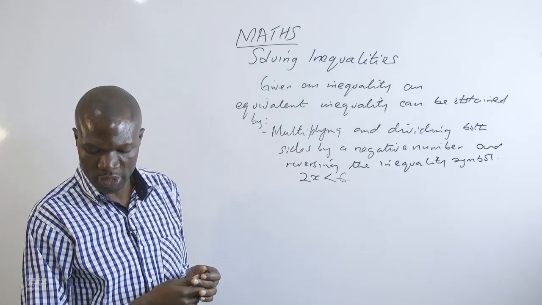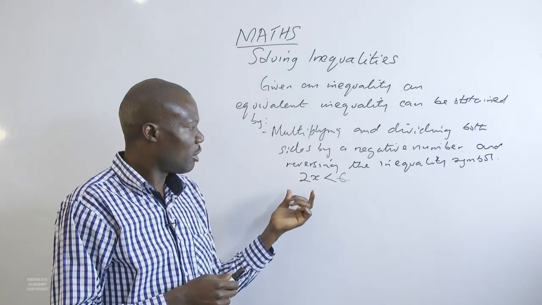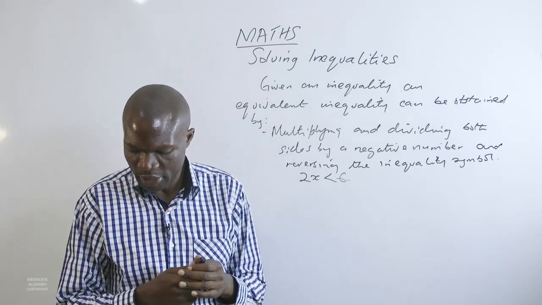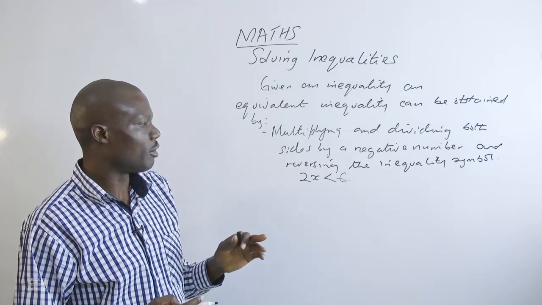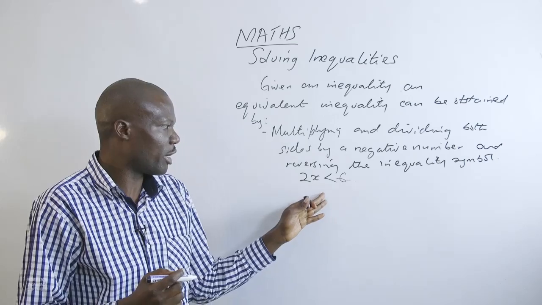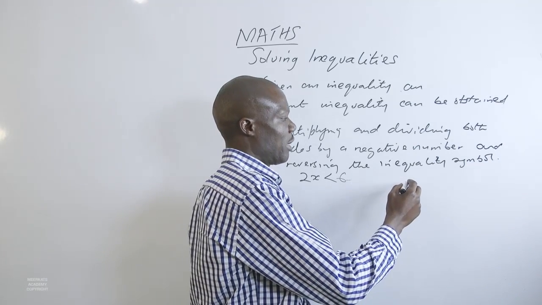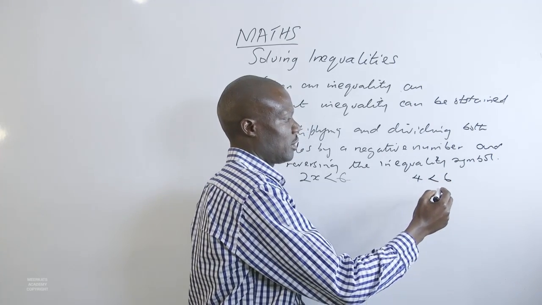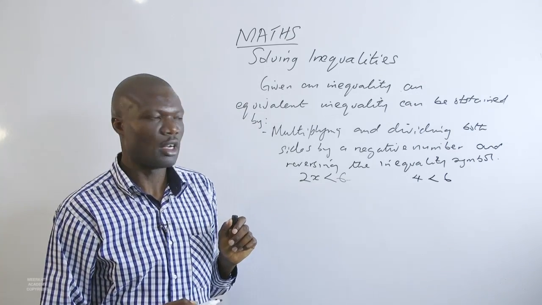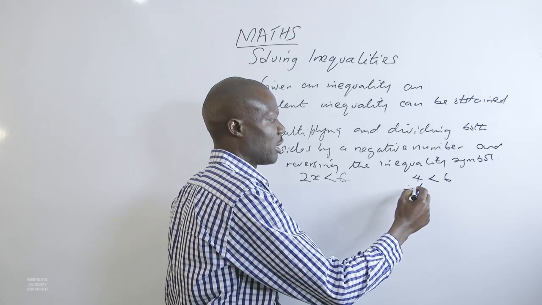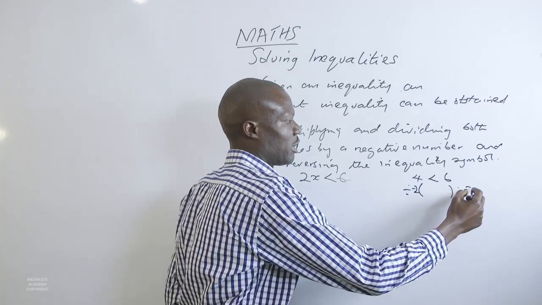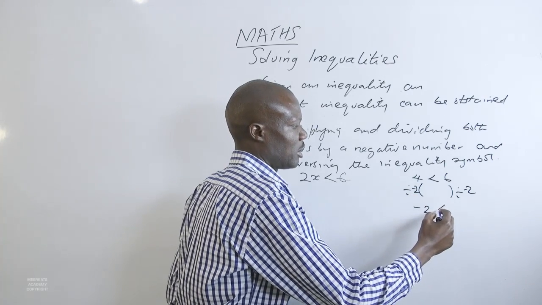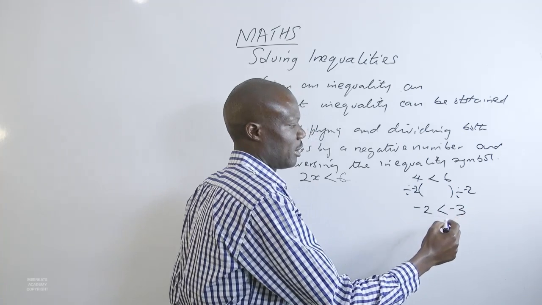And from this inequality, we want to see what will happen when we divide with a negative and when we divide with a positive. Now, take an example before we approach this. If we had a number like 4 is less than 6, that is true. And then we divide both sides by negative 2. You'll find this one becomes negative 2 is less than negative 3.